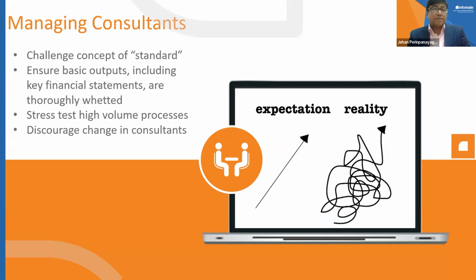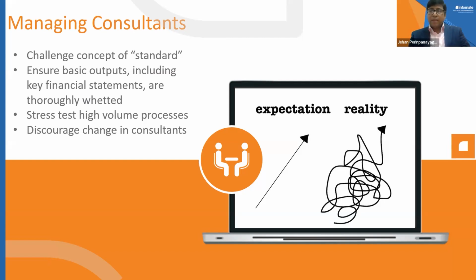Manage consultants. They will often tell you this word, standard. This is standard SAP. But whilst we listen to that and we respect that, make sure that you are getting the minimum requirements. There's a company I spoke to recently, a very well-known company, and they've been told that for their industry, you can't get your financial statements from the system. You need to do it outside the system after extracting information from SAP.